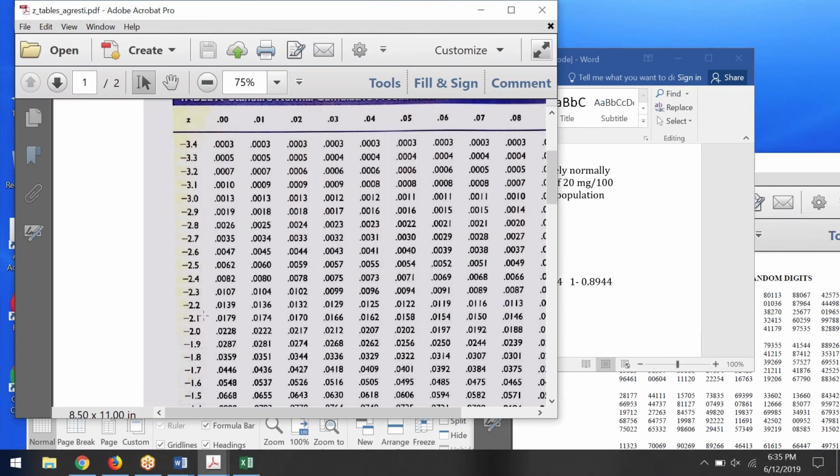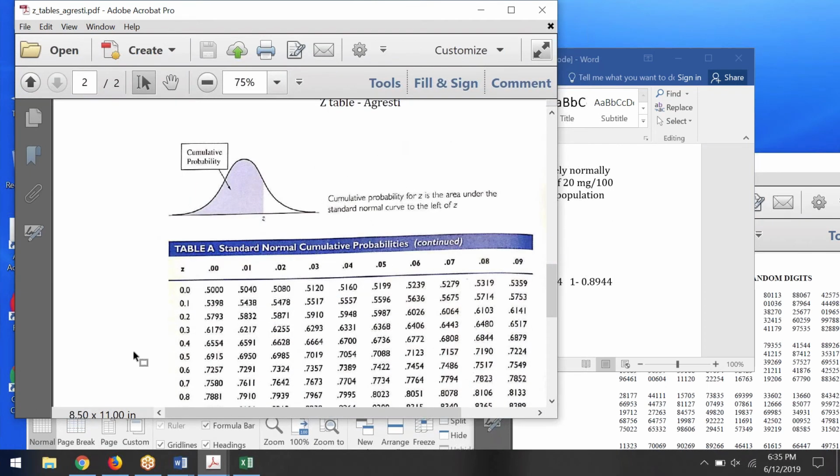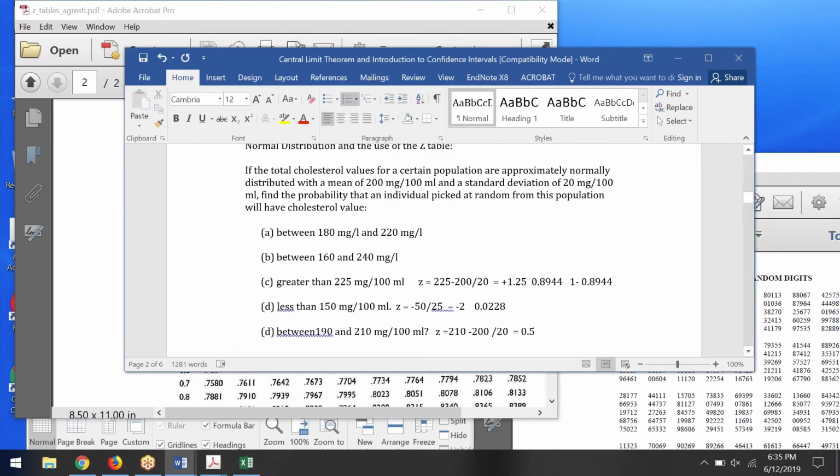That represents an area of 69.15%, 0.6915. So the area to the left of 210 is 69%.